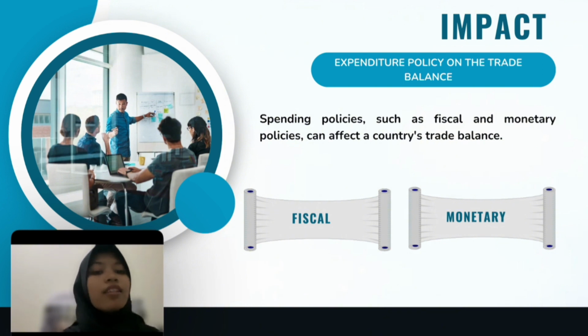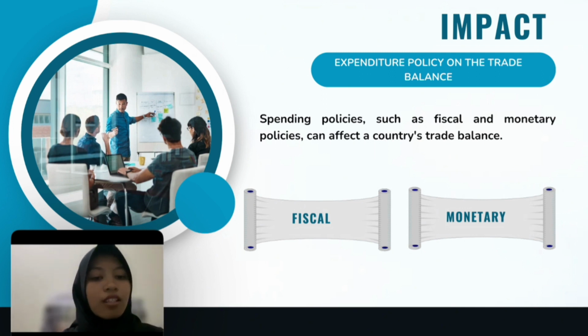Expansionary fiscal policy stimulates national income and consumption. Increased national income translates to higher demand for goods and services, including import. Increasing consumption always leads to greater demand for goods and services, and that includes import also.